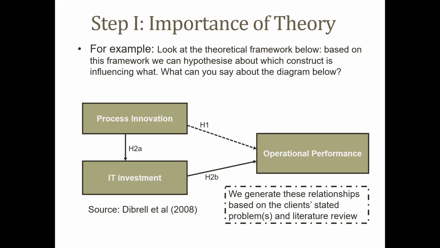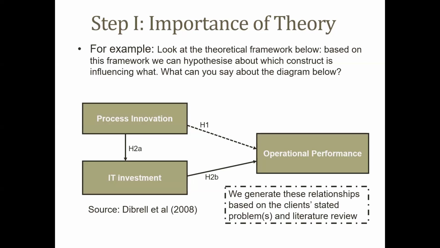Just by looking at this theoretical or analytical model, I can tell the story the researcher intended to tell. The researcher seeks to evaluate the intervening role or the mediating role of IT investment in the link between process innovation and operational performance. This is theory.